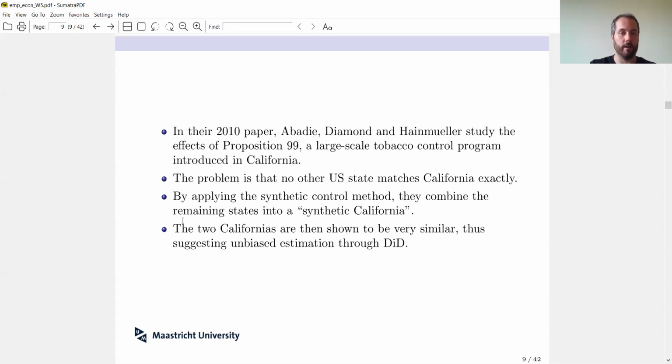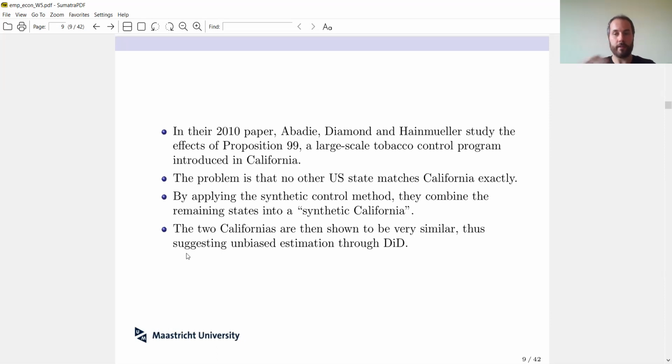Yeah, so for instance, in a 2010 JASA paper, the Journal of the American Statistical Association, very good journal, these authors studied the effect of a change in the tobacco control laws in California. Yeah, and again, what I already said, there's no other state that matches California exactly.